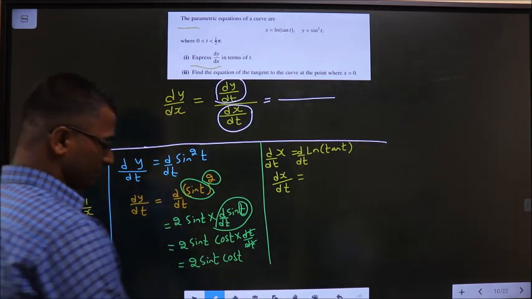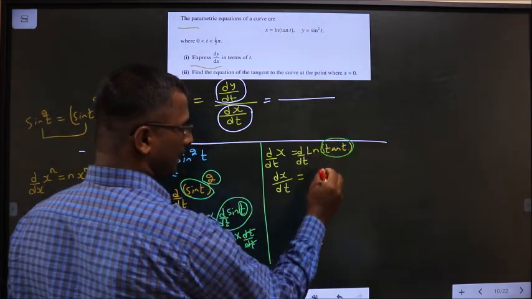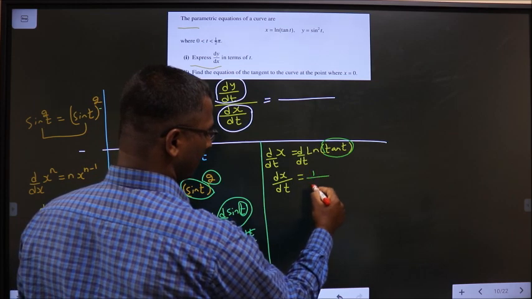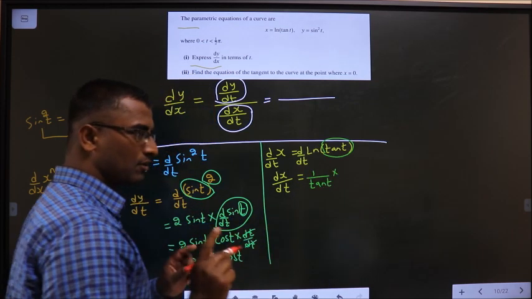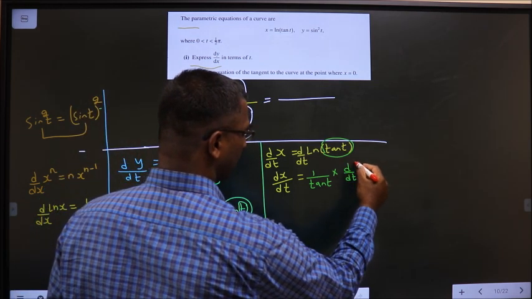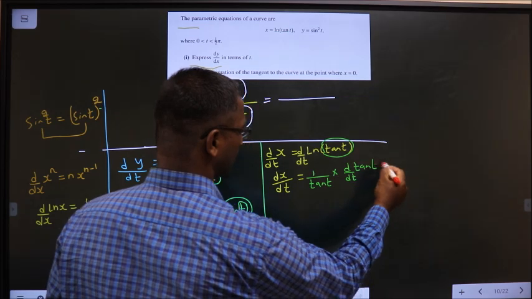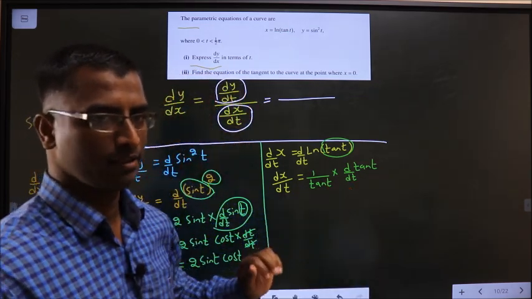Okay, so here in place of x it is tan t. So there you will get 1 by tan t into, don't forget the good practice, d by dt of whatever you have in place of x. Many forget this, you should not forget.